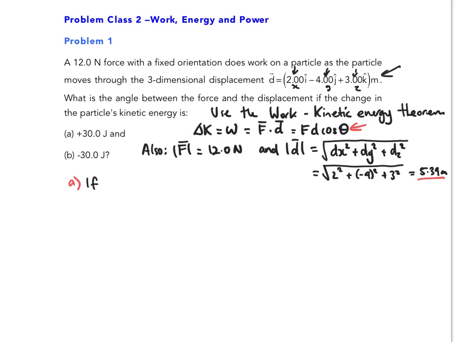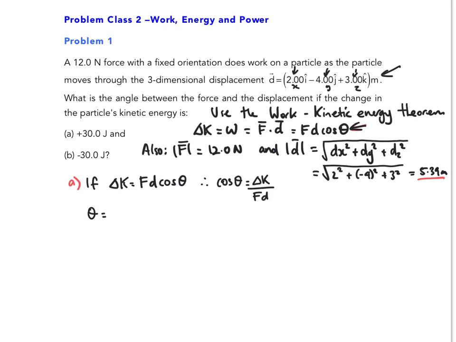So we know that delta K is equal to F D cos theta, from the work we did before. Therefore cos theta equals delta K over F times D. Those are magnitudes.